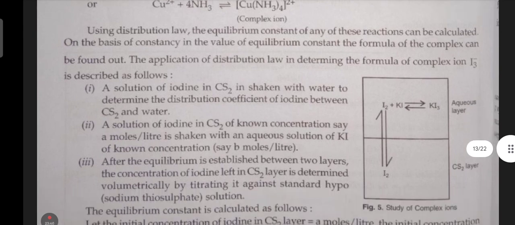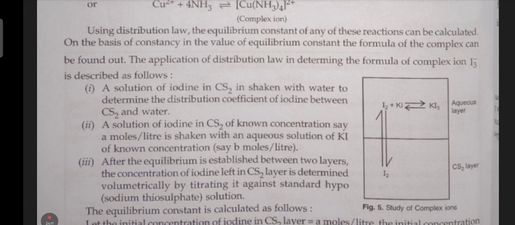After this, using distribution law, the equilibrium constant of any of these reactions can be calculated on the basis of constancy in the value of the equilibrium constant. The formula of the complex can be found out.